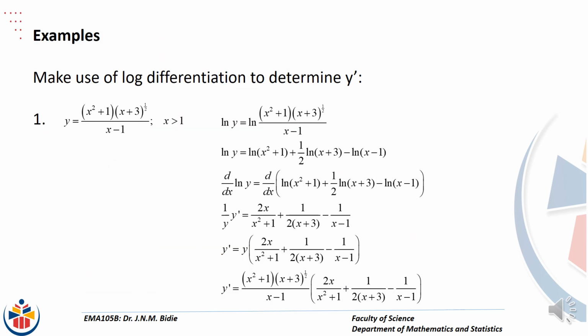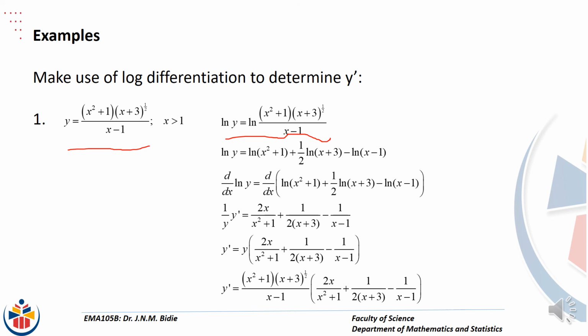Now we go to examples on log differentiation. Number 1, the expression of y has been given to us, and we're supposed to find dy over dx. So to simplify the expression, we introduce logs to both sides. In this case, we use ln, which is easier to differentiate. Then we use the laws of logs, which are also applicable to the natural log.